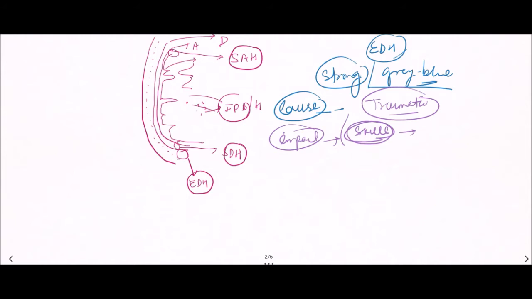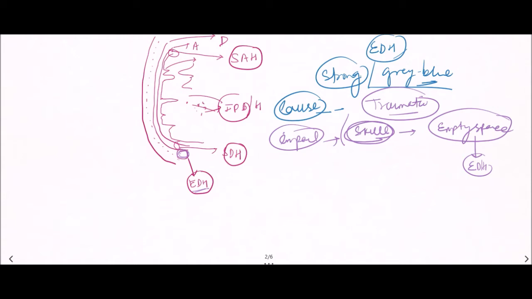Dura is stripped off from the bone, and that creates one empty space just below the skull. That's why there is collection of blood in the created space, which is known as extradural hemorrhage. So this is the basic mechanism.